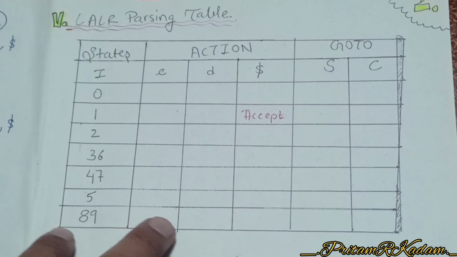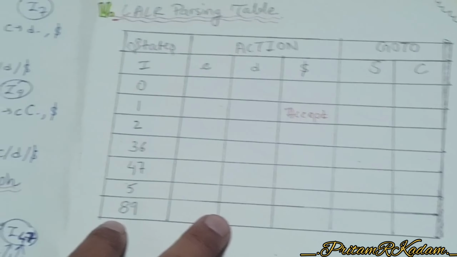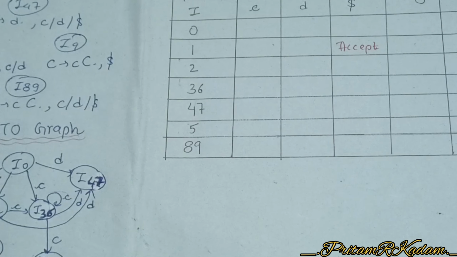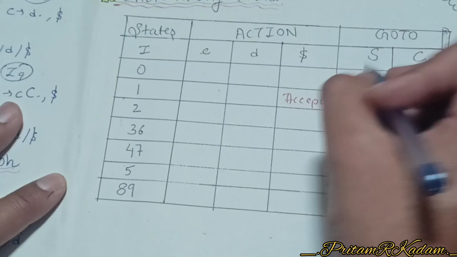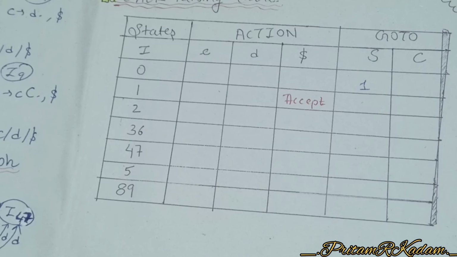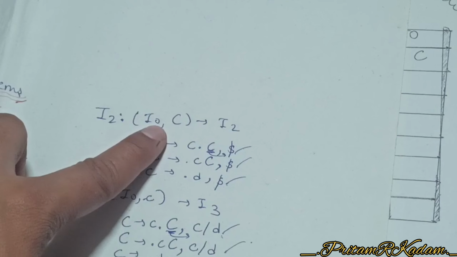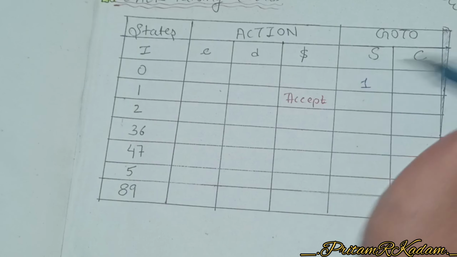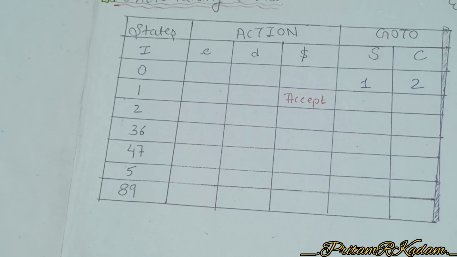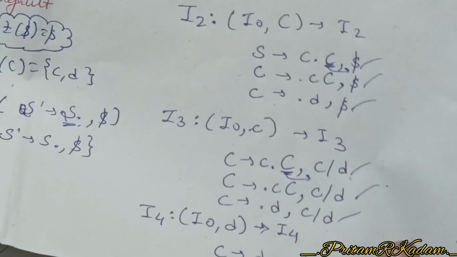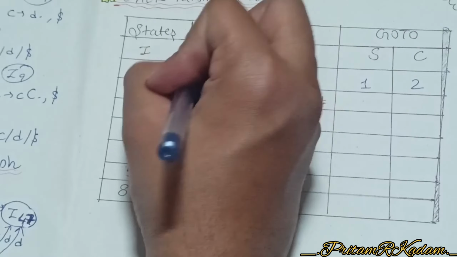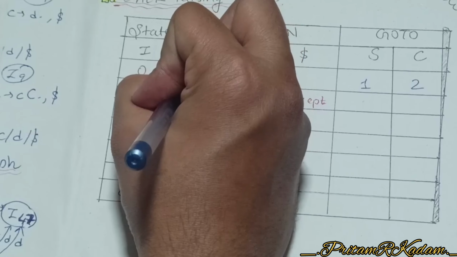Now we will just write the shift entries as per the states, and then we will proceed to the reduce part later. So for the next part, I0 on S goes to I1, and I0 on C goes to I2. In the goto part, we just have to write the number, and in the shift part, we just have to write the S and the number.